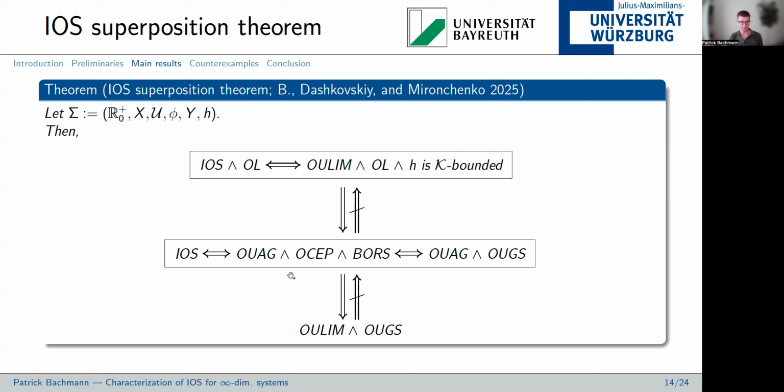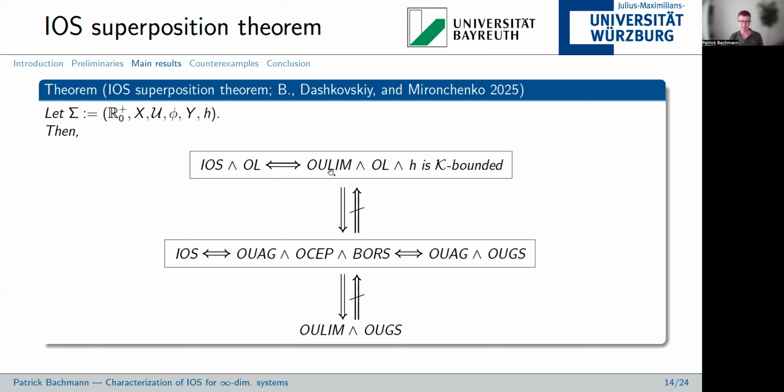When we exchange the weak attractivity property for the attractivity property, then we get something that is in fact weaker than input-output stability. On the other hand, what we can also consider, which is also quite useful, is when we not only look at iISS, but iISS combined with the output-Lagrange property. So this was the stability property on the output space.